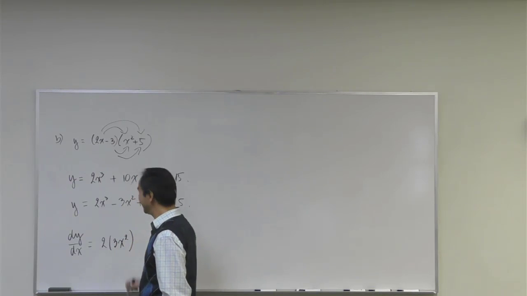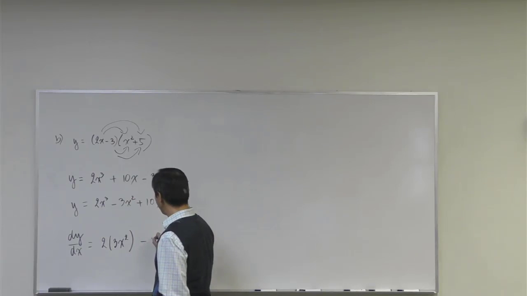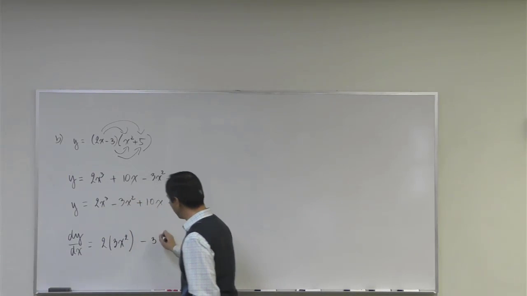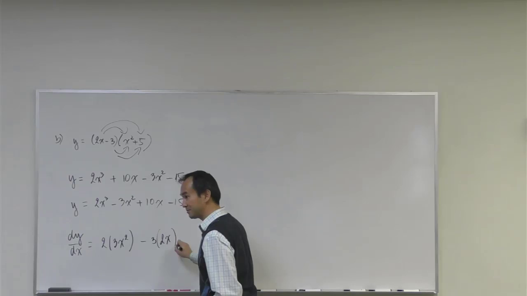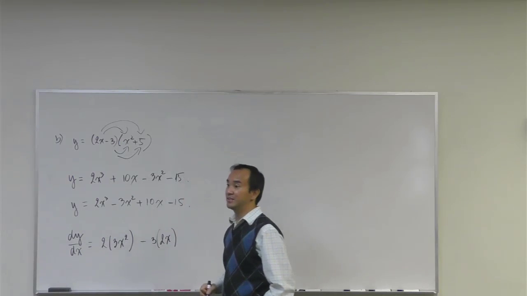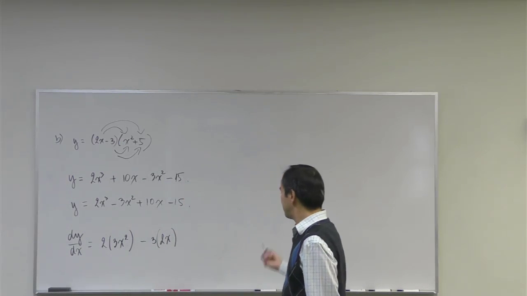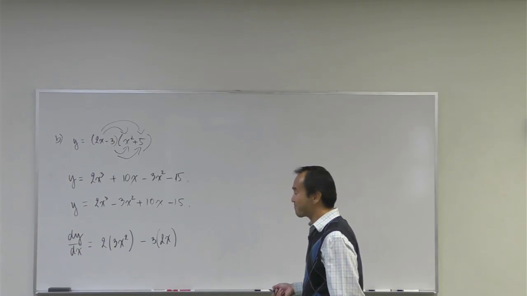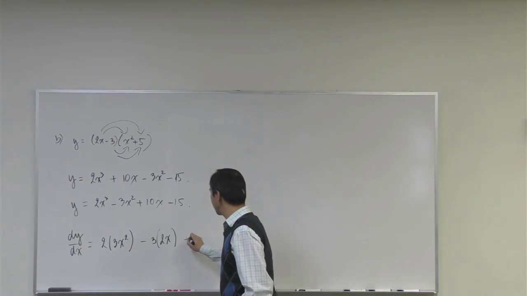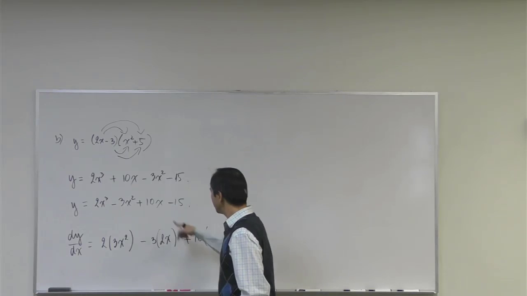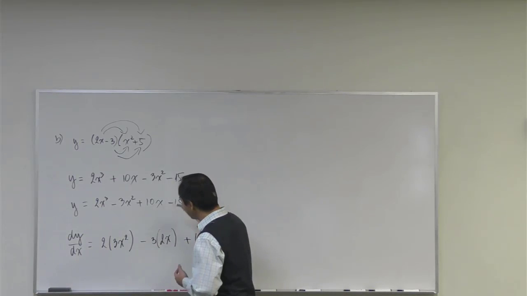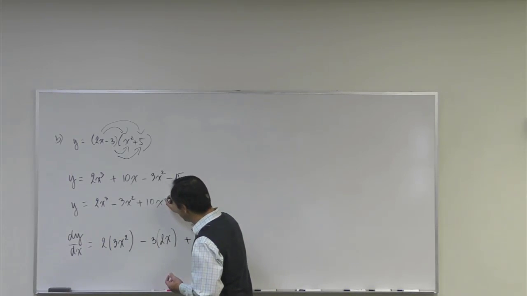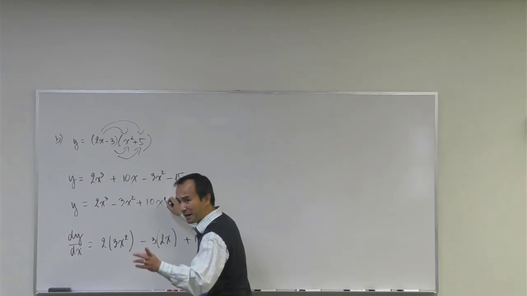And then the next term, minus 3 times x squared: the coefficient is 3, we multiply the power down, making it 2x, and the power is easy enough, it's 2 minus 1, just power 1. The next term has a 10 for the coefficient. We probably have not done anything like this, but this is x to the power 1. When you don't see a power, it's power 1, so the power rule applies again.